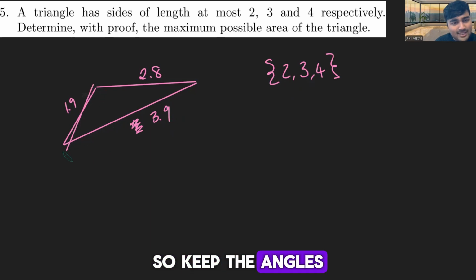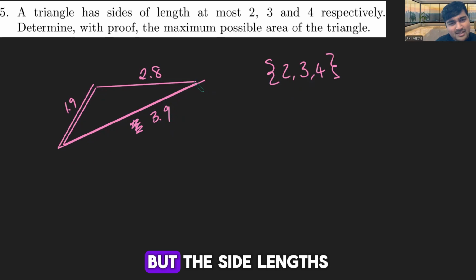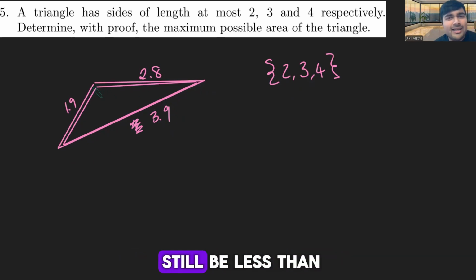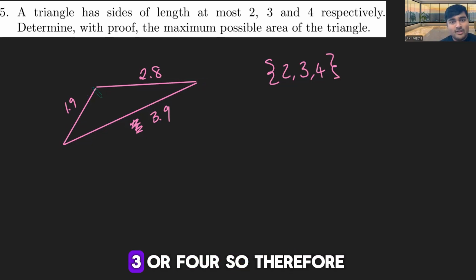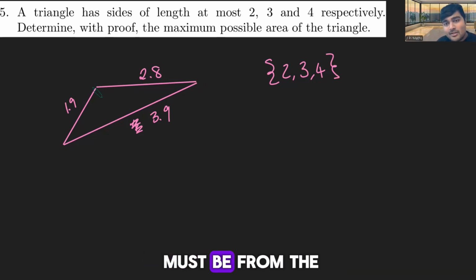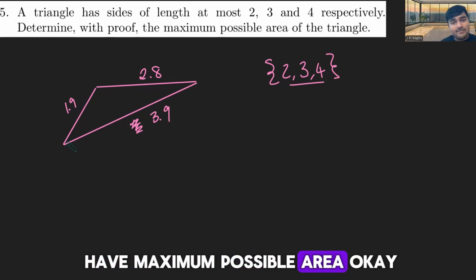So keep the angles the same, just scale it up a little. And the area will obviously increase, but the side lengths, provided I only increase it a little bit, will still be less than or equal to 2, 3, or 4. So therefore, at least one of these side lengths must be from the set 2, 3, or 4 in order for it to have maximum possible area.